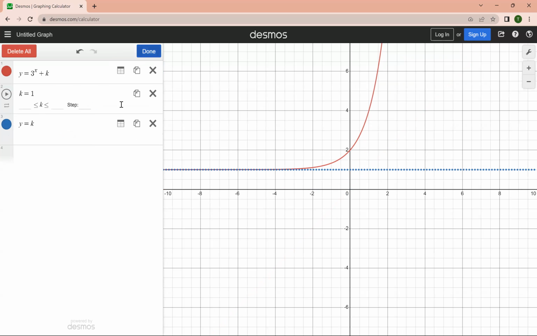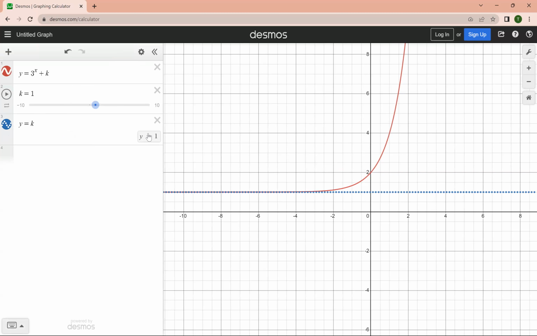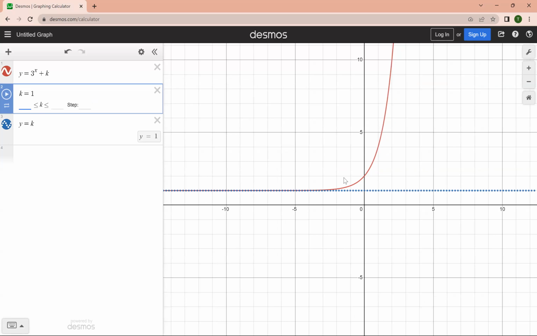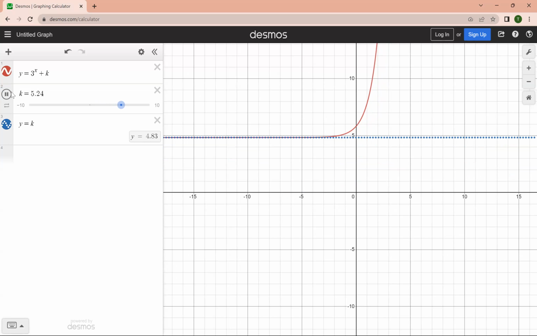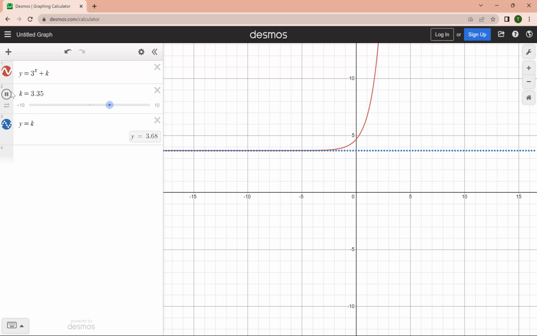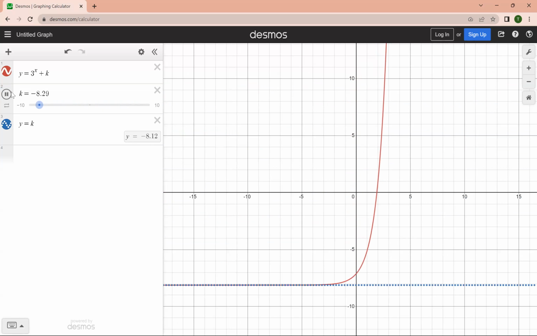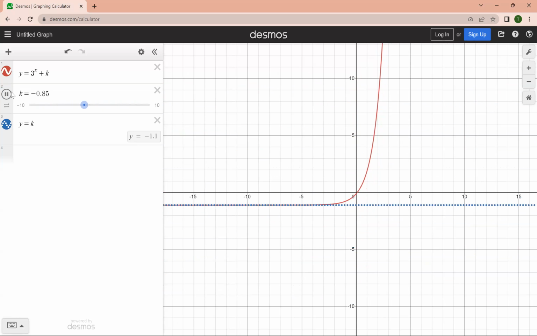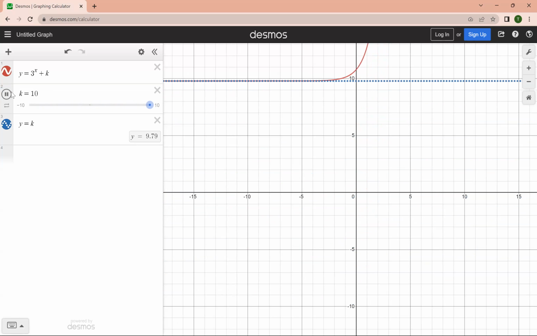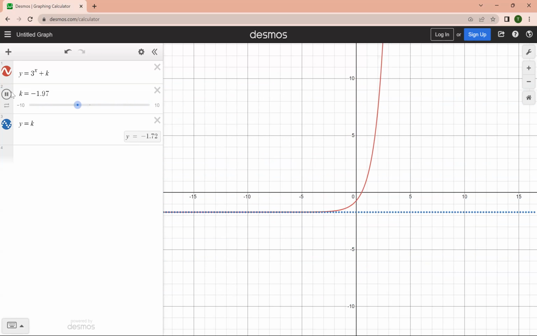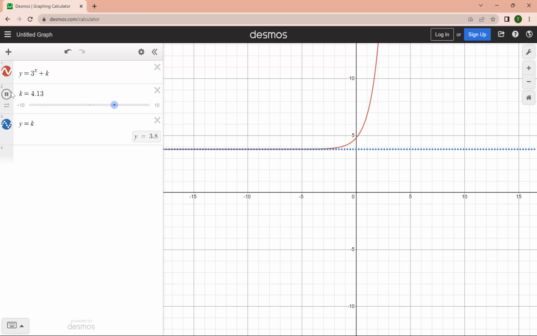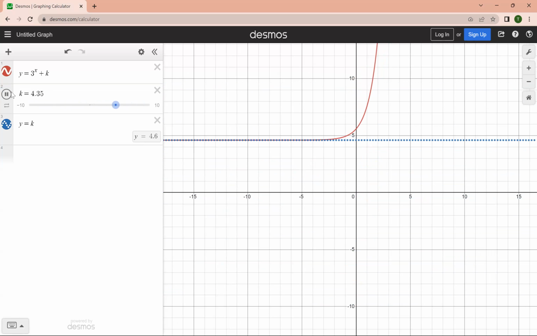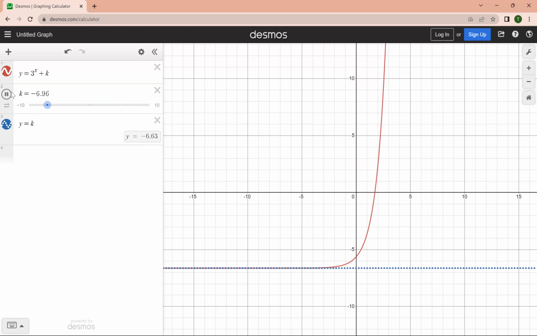Okay, I'm going to hit the play button, and tell me what you see with that horizontal line and the red curve. Give me what you see here in your own words. Well, when you're moving it up and down, the curve stays in the same place.